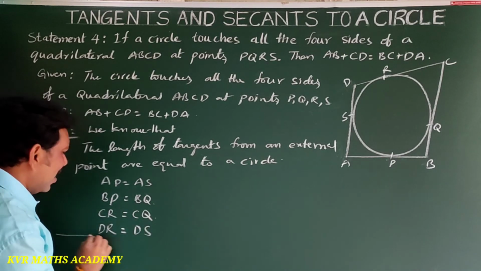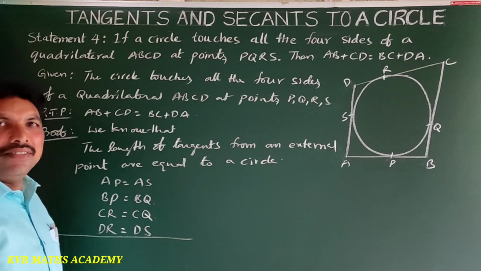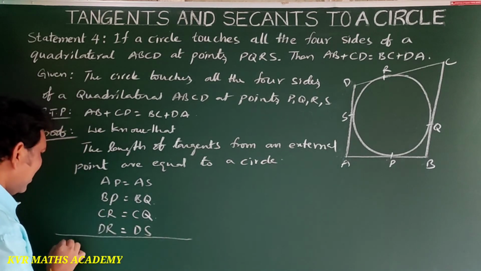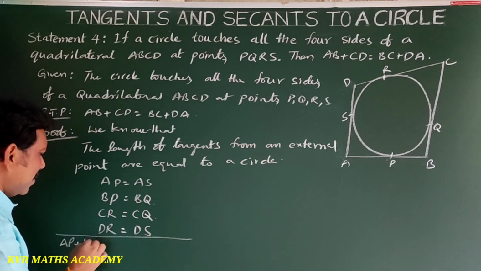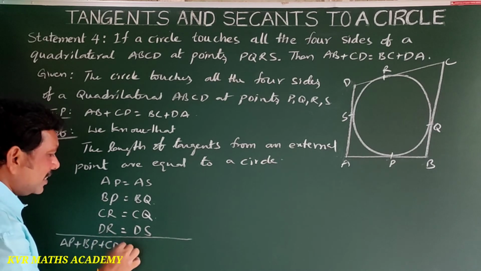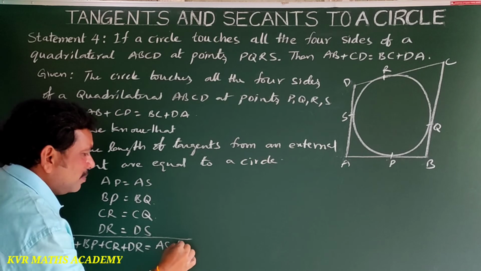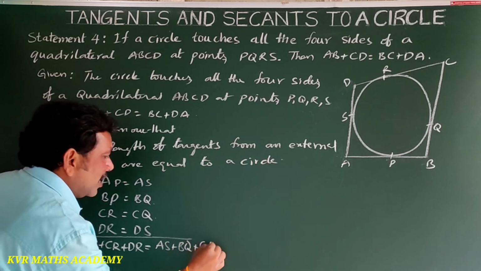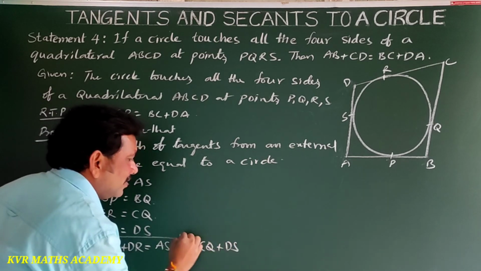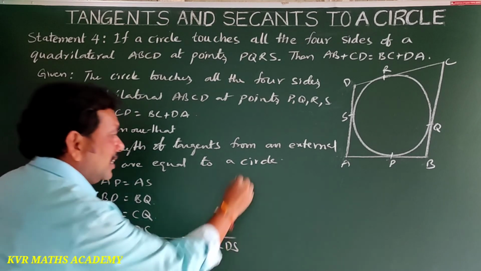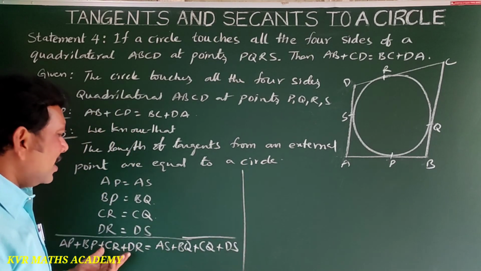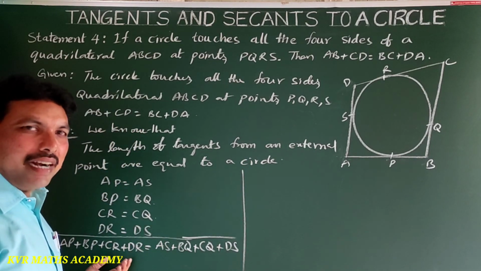So add all these. AP plus BP plus CR plus DR is equal to AS plus BQ plus CQ plus DS, right? Now write as pairs.